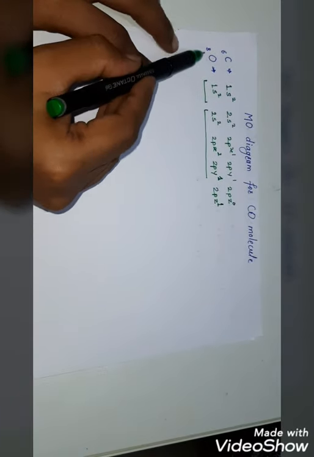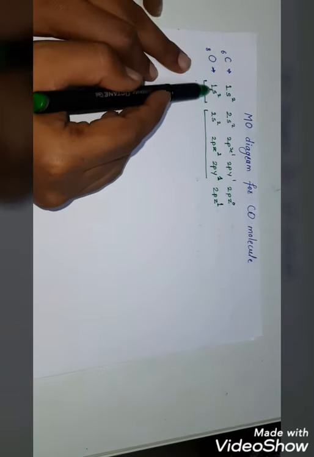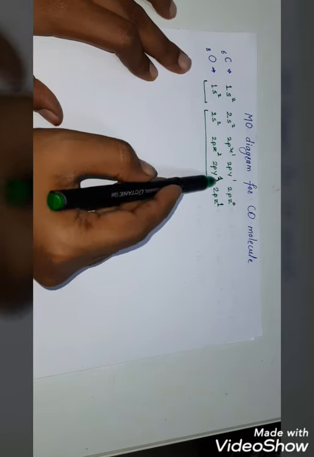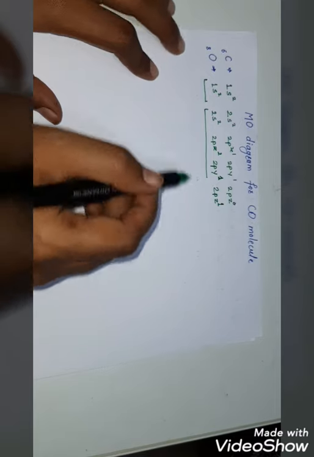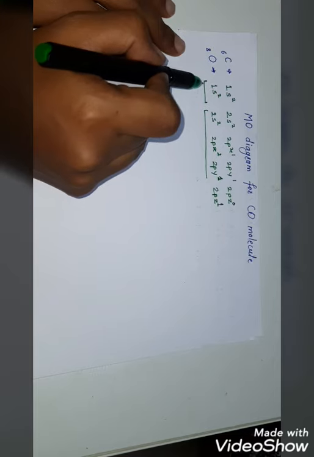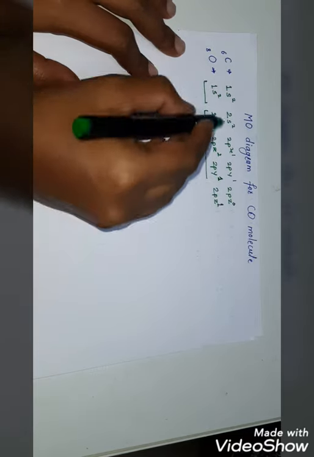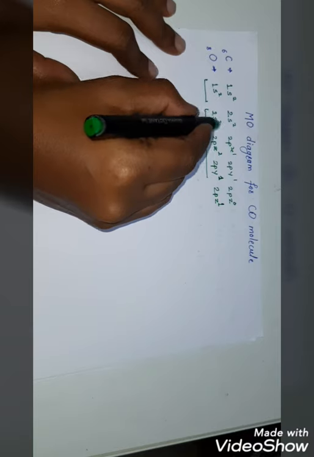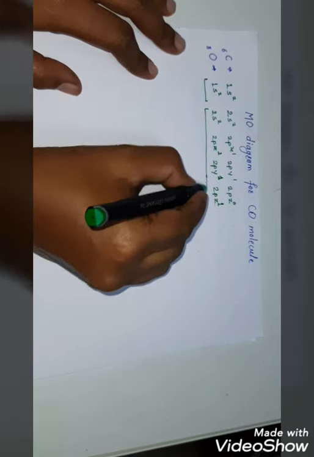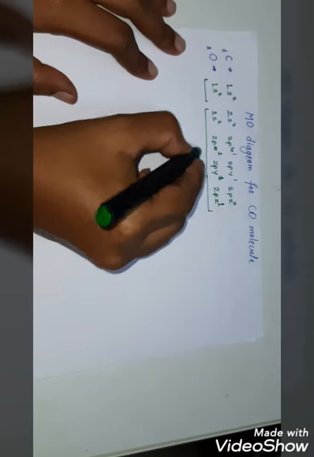Similarly, oxygen is 1s2, 2s2, 2px2, 2py1 and 2pz1. Now the 1s orbital does not participate in bonding because it is an inner orbital. So the 2s2, 2px, 2py and 2pz orbitals participate in bonding.